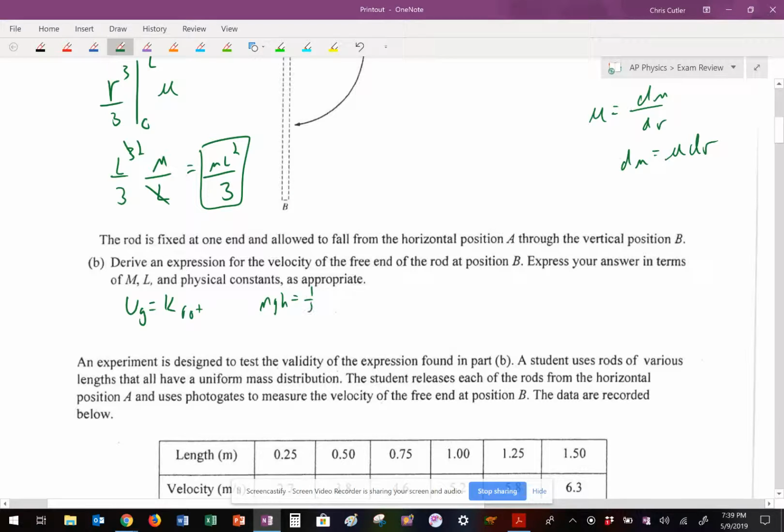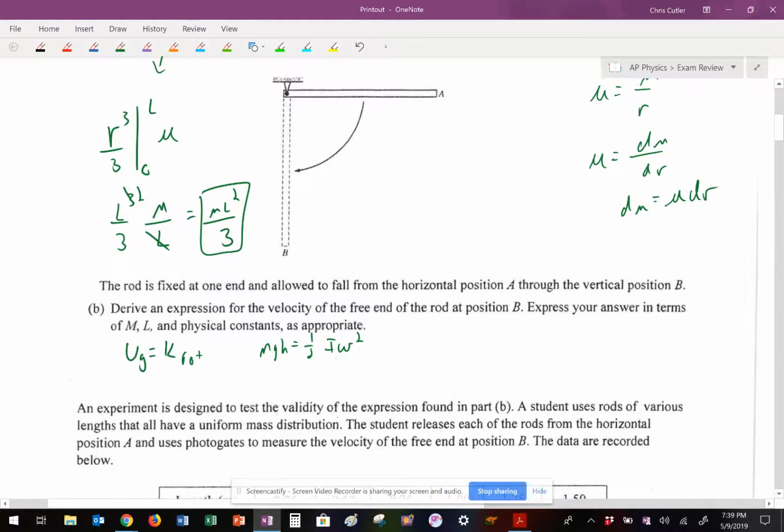mgh equals 1/2 I omega squared. Now, we're looking at this picture. What is the h? When we look at a rod, we have to assume that it is a point mass located at the center of the rod. So it goes from there and it rotates to here.